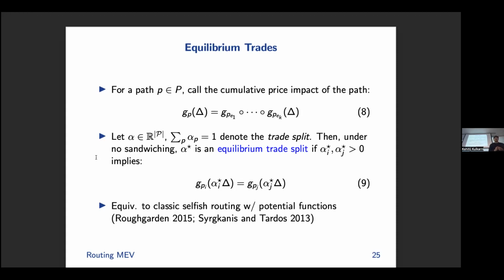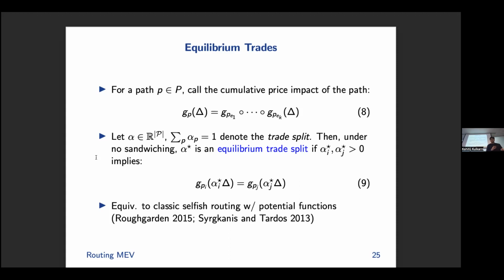And now you want to split your trade amongst these P different paths, so you have a vector, which is called the trade split. And you call this vector an equilibrium if the cumulative marginal price incurred across all these paths is equal, the same thing as the cost in the traffic network.